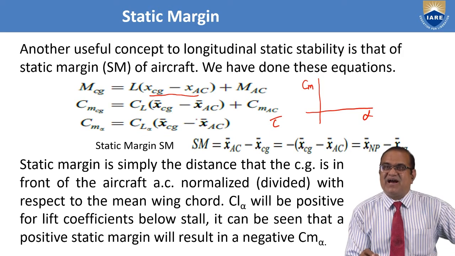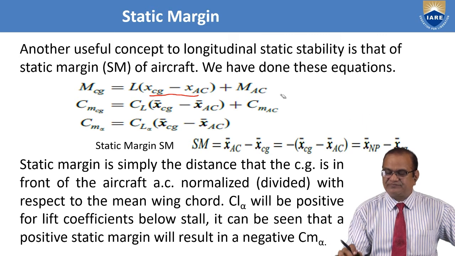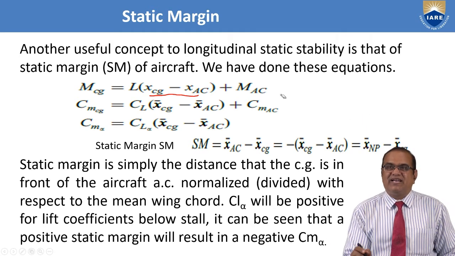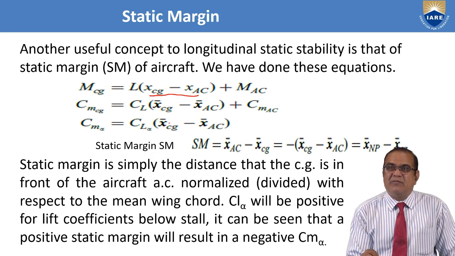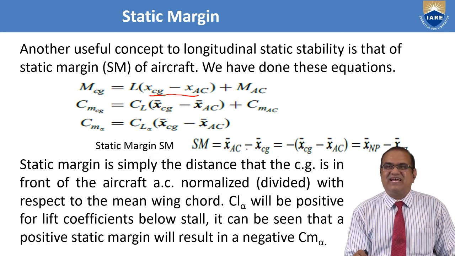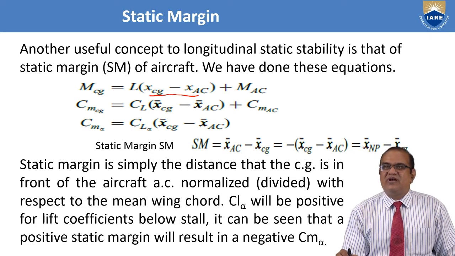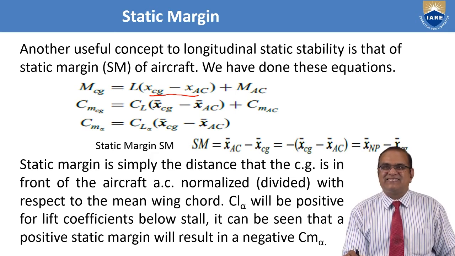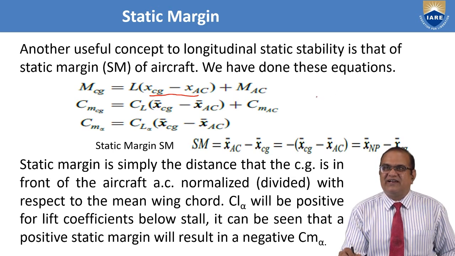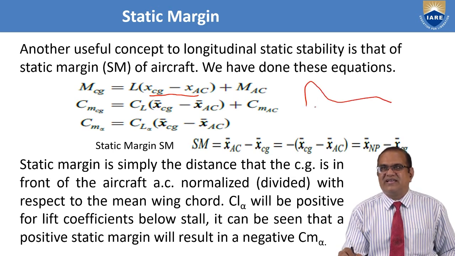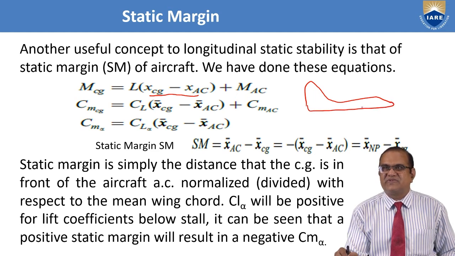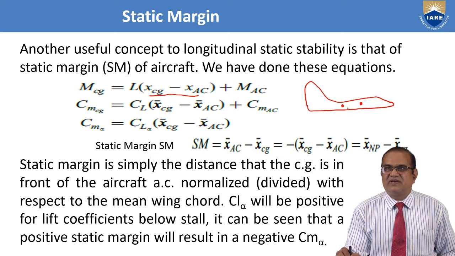So xcg minus xac is called the static margin. More precisely, xac, the neutral point, minus xcg is called the static margin. If I draw the aircraft like this, this is the CG and this is the AC.